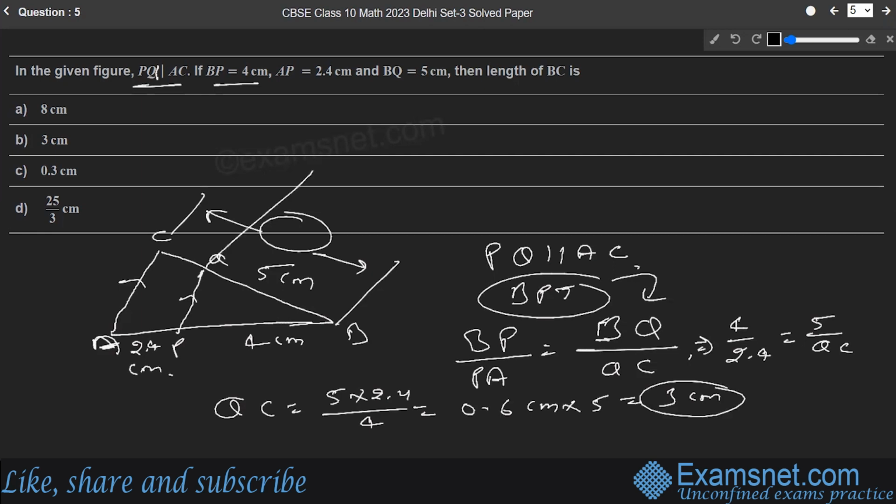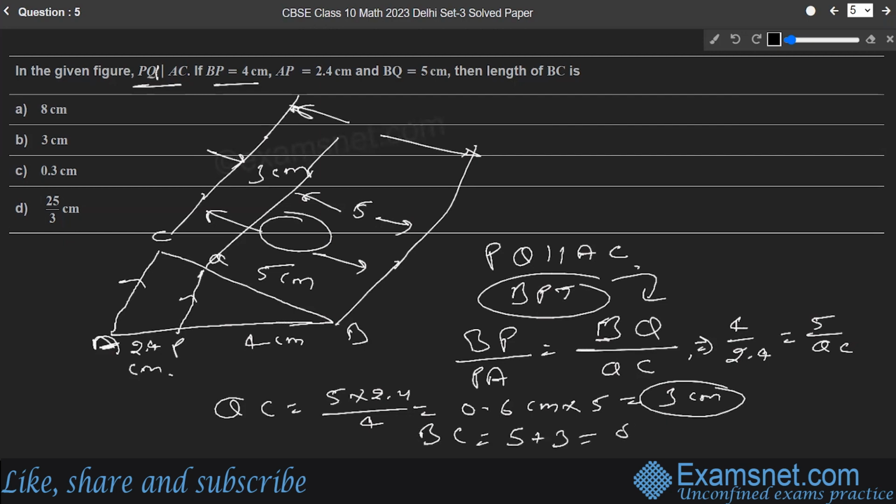Now we were supposed to find the whole BC. We already know BQ was 5, so BC should be the summation of 5 plus 3, that is equal to 8 centimeters. So that is the right answer. Option A, 8 centimeters, is the right answer.